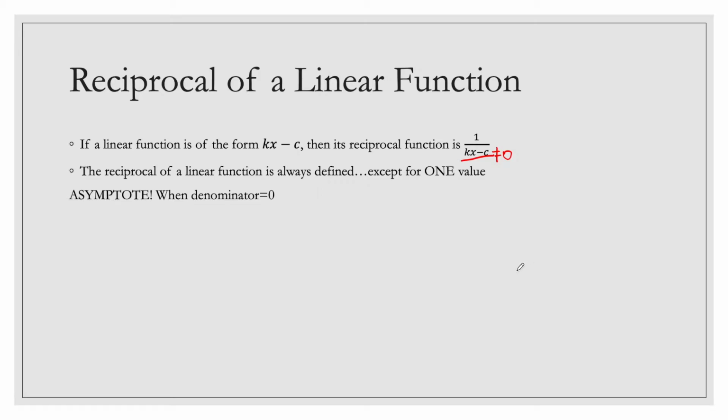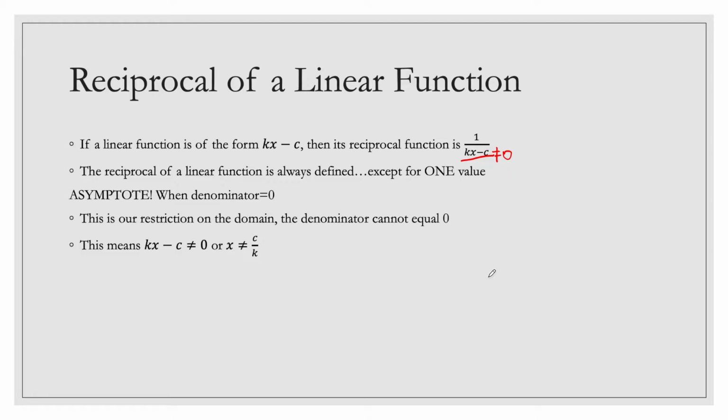A vertical asymptote occurs when the denominator is equal to 0. So we need to find the value of x that will result in the denominator kx minus c being equal to 0. This will be our one restriction. Obviously that means that the domain is not just x ∈ ℝ, it's x ∈ ℝ, but then we have to put a restriction on it.